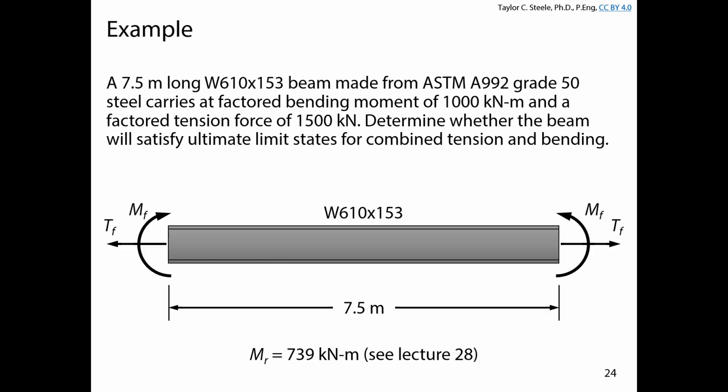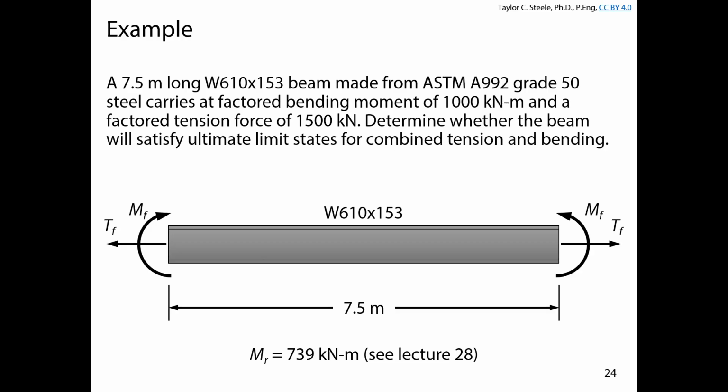Doesn't really matter as long as you're consistent with units. That has to be less than or equal to 1. And what we get when we consider that interaction is 0.842, which indeed is less than 1.0.